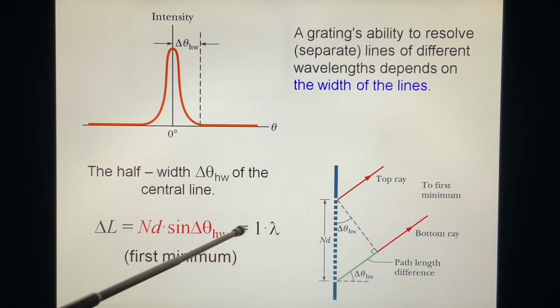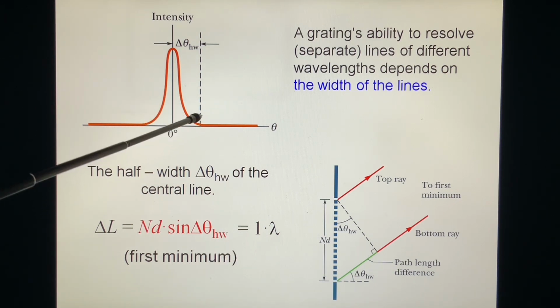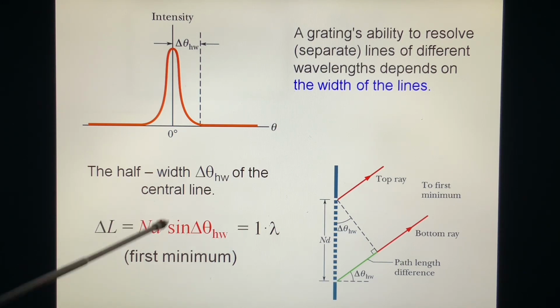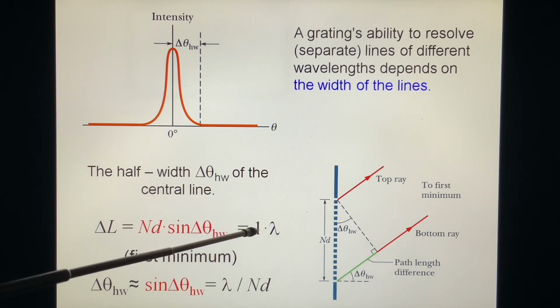N d sine theta equal to m lambda satisfies the minimum. This is the width of the grating, N d. And so delta theta is approximately equal to lambda over N d.